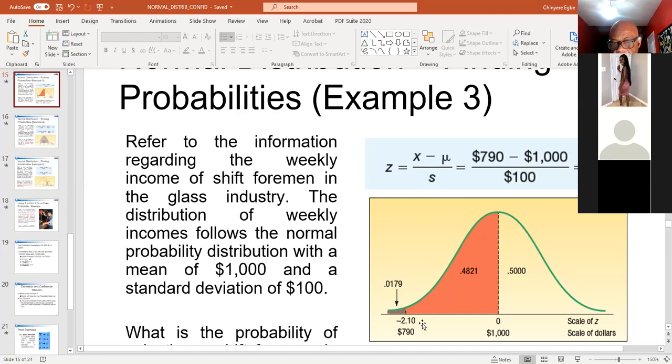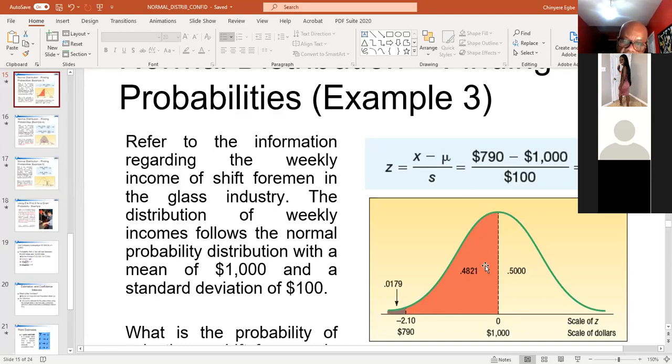Wait, can you repeat that again, please? Okay. Do you remember we said that the normal distribution is symmetrical? Yes. Okay.